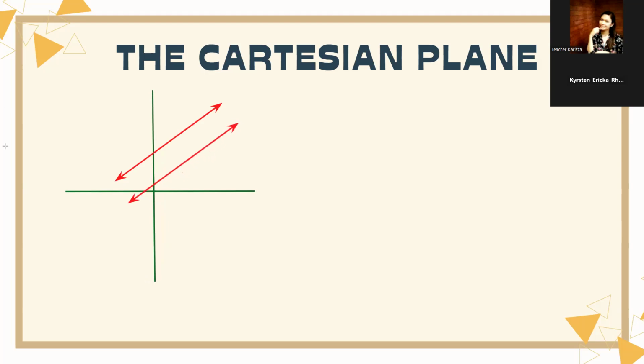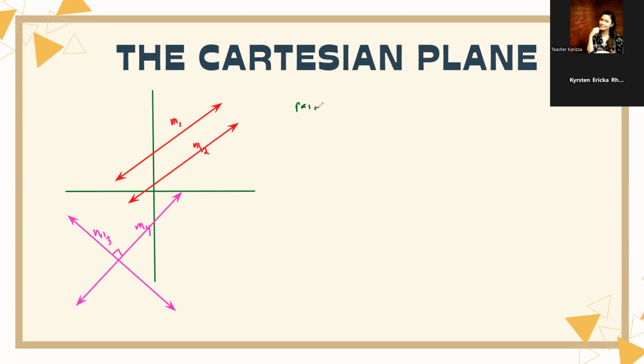So that means that m1 is equal to m2. And then if we have two lines that are perpendicular, we have m3, m4.